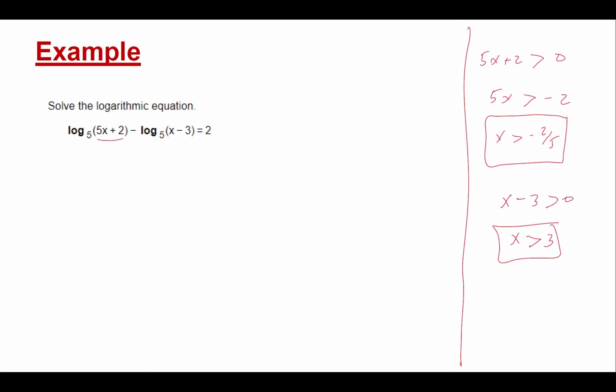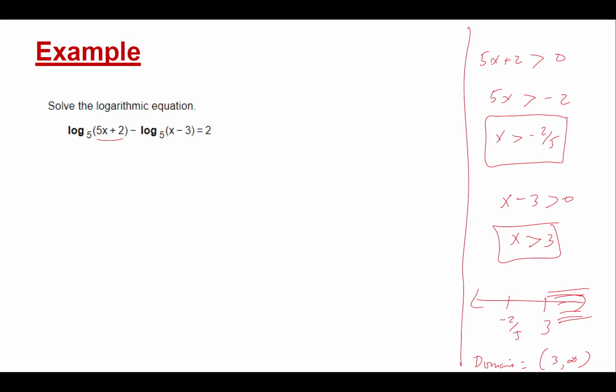We are going to take the intersection of these two, which is x greater than 3. So the domain of this function is anything greater than 3, which is 3 to infinity.